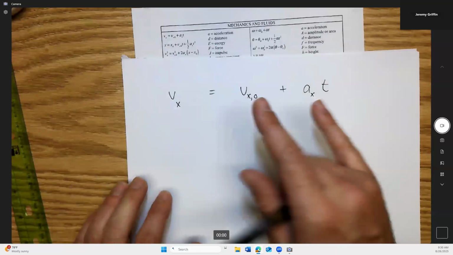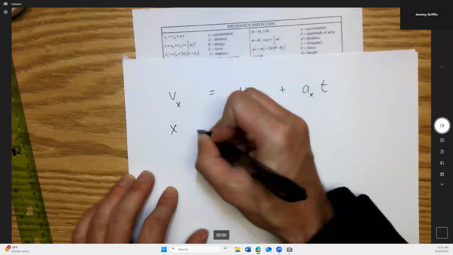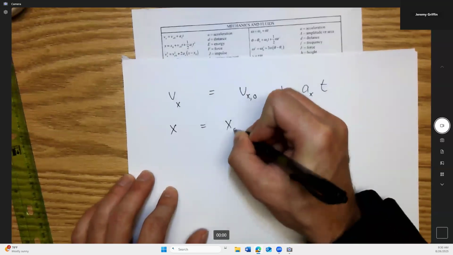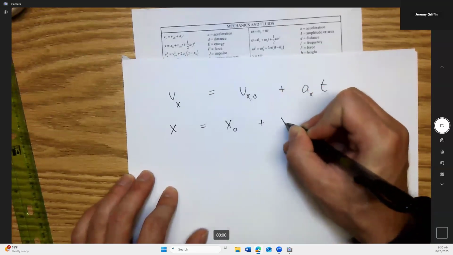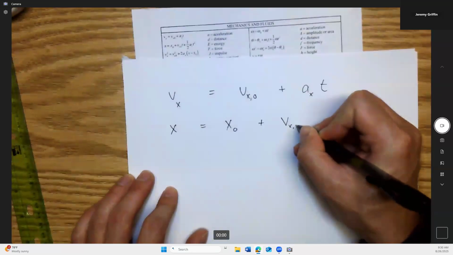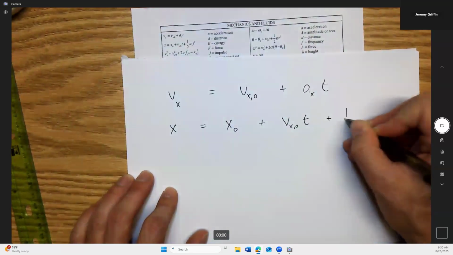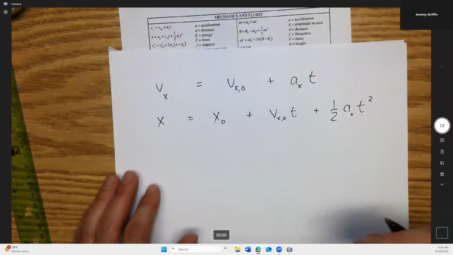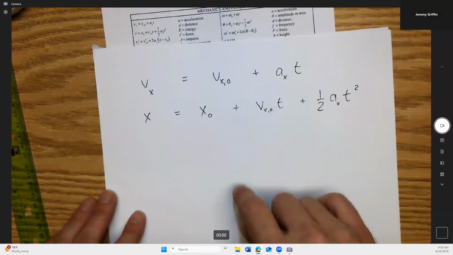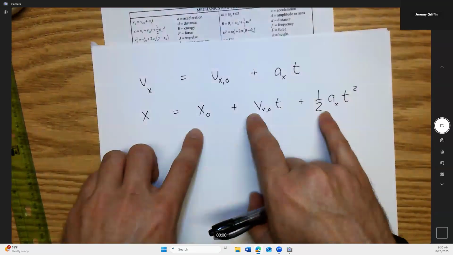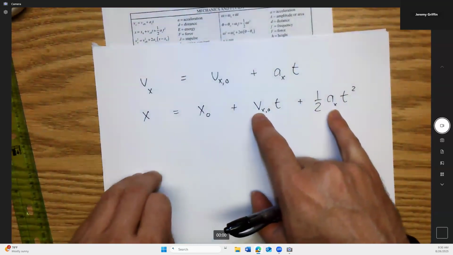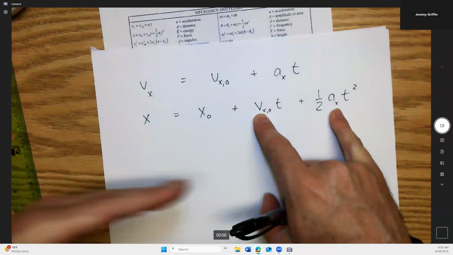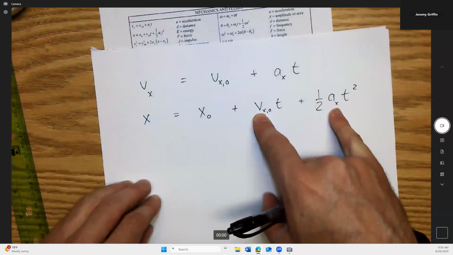Okay, here's the next one: x equals x naught plus v x naught t plus 1/2 a x t squared. Because eventually we'll be getting into more than one dimension. But the subscript X here, this x and this x, refer to along an X axis, just along one axis.